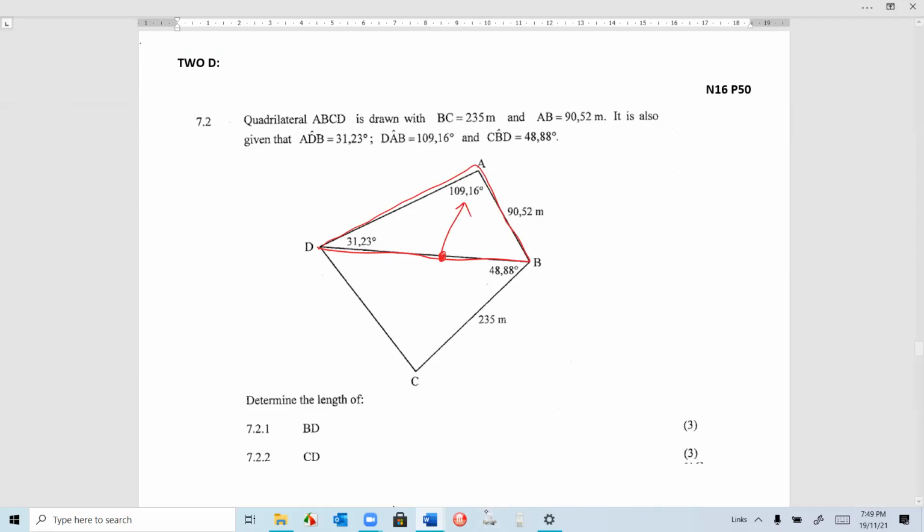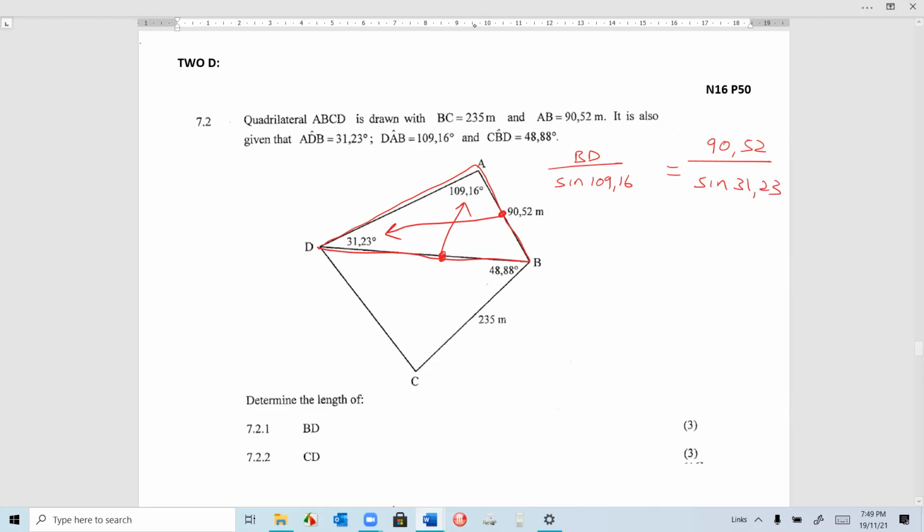So I can say immediately, BD over sine of 109.16 has to be equal to... Now, looking at the red triangle, I'm not going to use AD because I don't have the measurement, but I have the measurement for AB, which is 90.52. Over the angle opposite it, which is sine of 31.23.